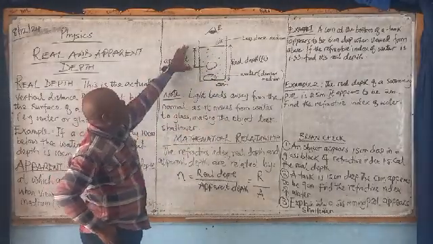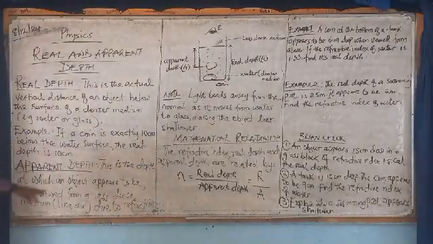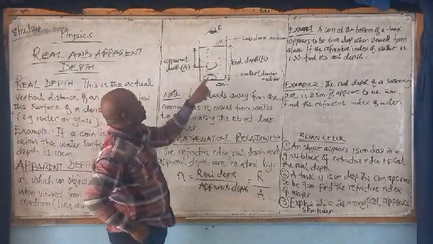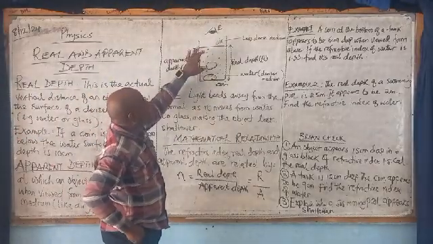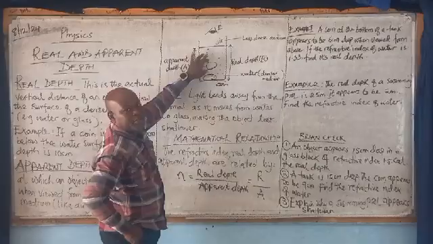The distance from the bottom of the coin to the surface is the real depth. Then the apparent depth is the depth at which an object appears to be. When this person views this coin, he sees this coin at this position.